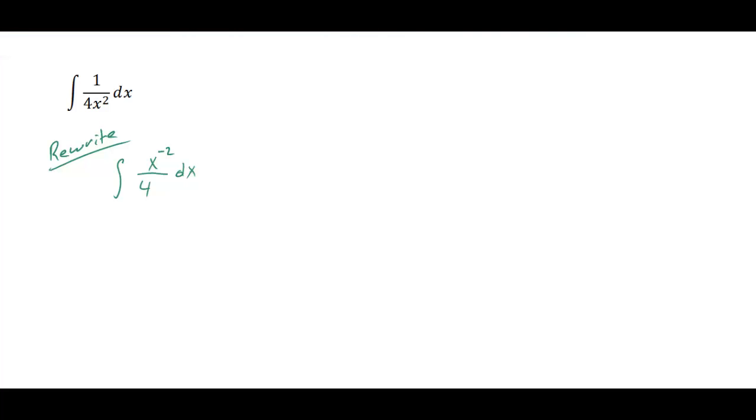Now there's another option here. You don't have to do this, but notice we're dividing by 4. You could think of this as the integral of 1/4 x to the -2 dx. And you could even go a step further and say, well, what about this 1/4? The 1/4 is just a constant multiplier.